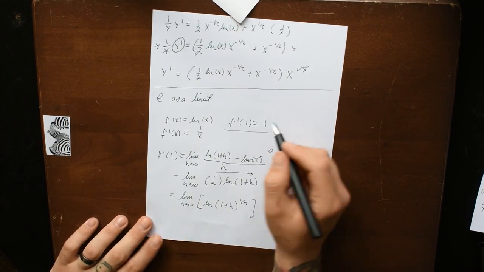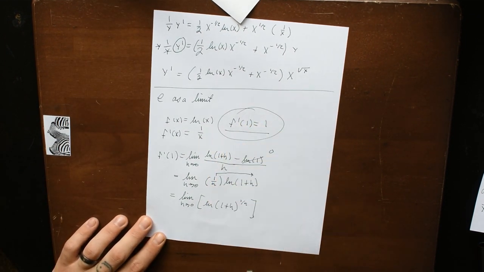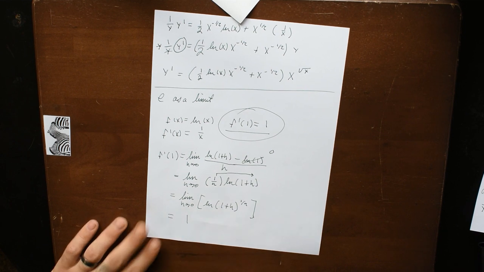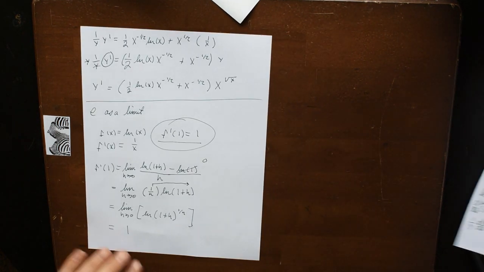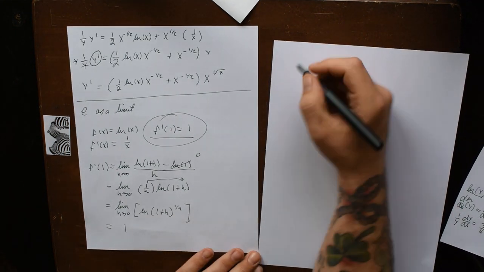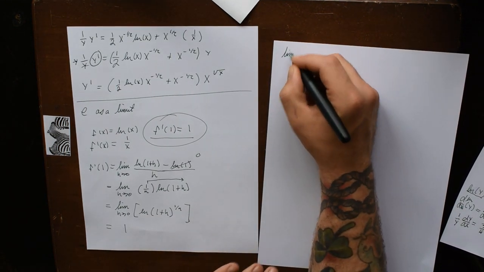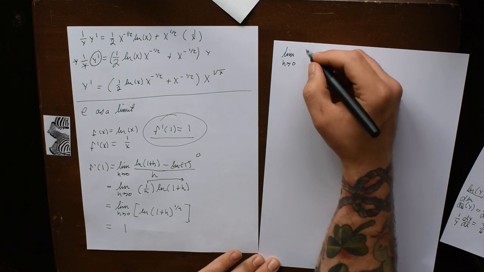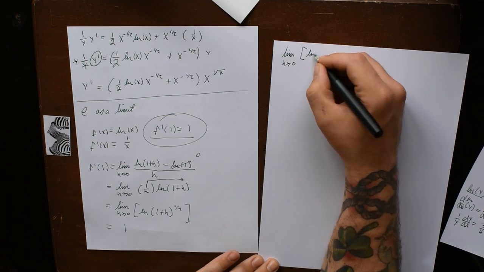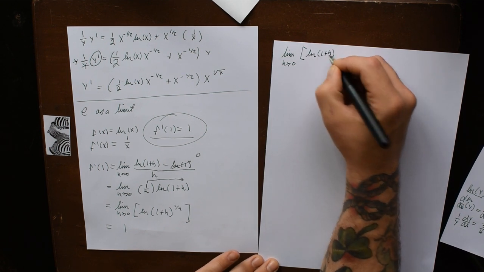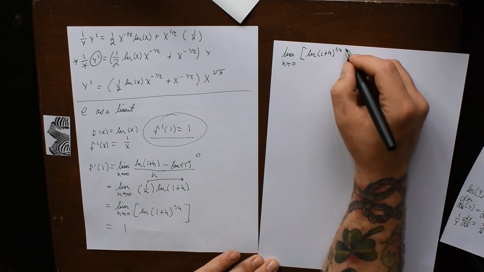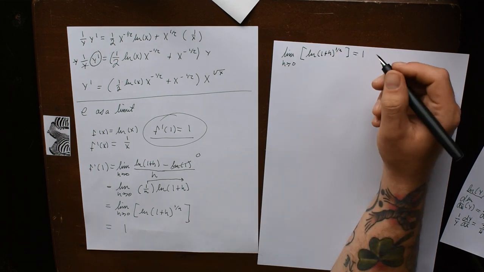And this, because we know, has to be equal to 1. So this result really is that the limit as h goes off to 0 of the natural log of 1 plus h to the 1 over h is equal to 1.